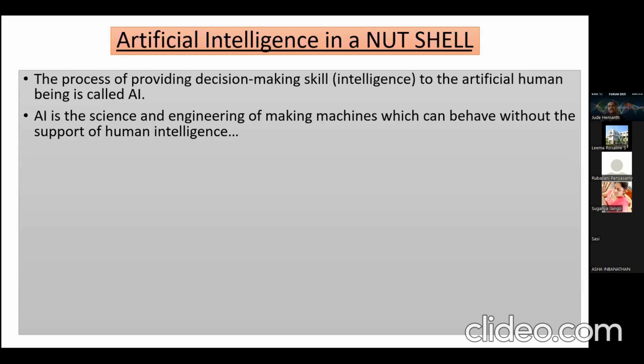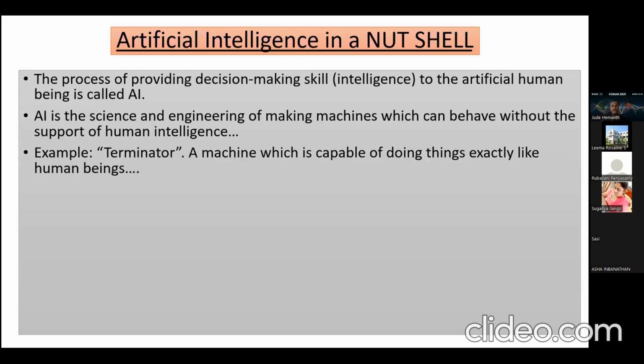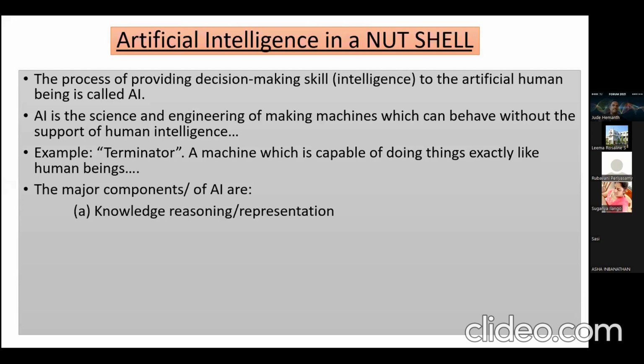How can I give an independent decision-making skill, which can behave or move without the support of human intelligence? Most of you would have seen movies in the entertainment industry where nowadays the villain is not a human being. Right? The much fancied AI is gripping the entertainment industry too, where we always have an artificial human being portrayed as a villain.